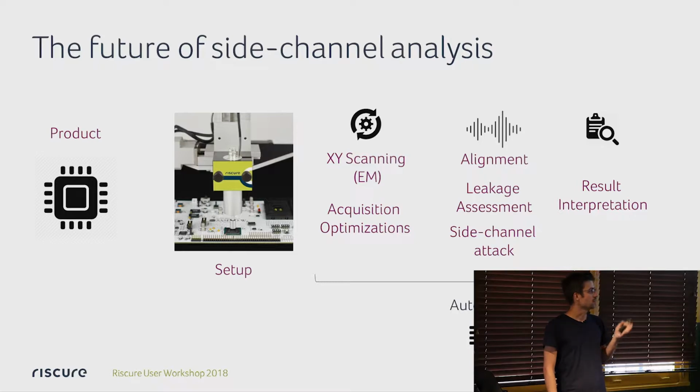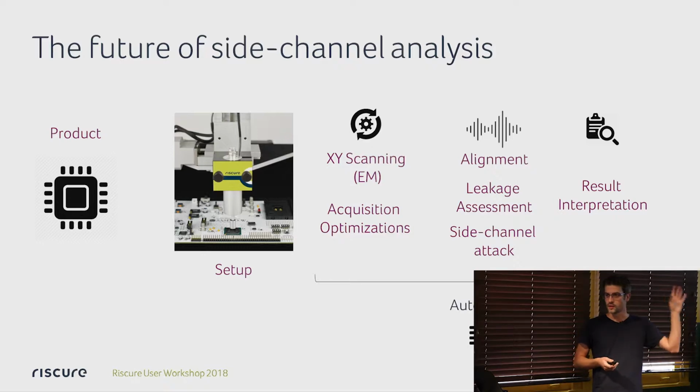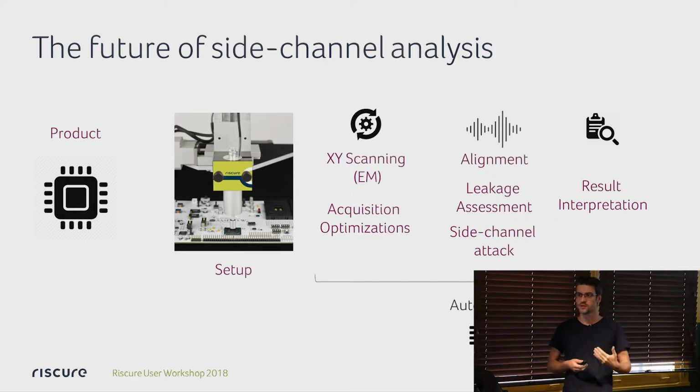What people expect for the future is that all this part on the right side could be more automated in order to reduce the time we need to deploy side-channel analysis. I think it's a little bit too much to expect to automate everything in the future. Of course, the setup construction cannot be automated because it's a manual procedure, but some of the steps can be more efficient if you use a machine to make decisions. My opinion is that this is a little bit far away from now.